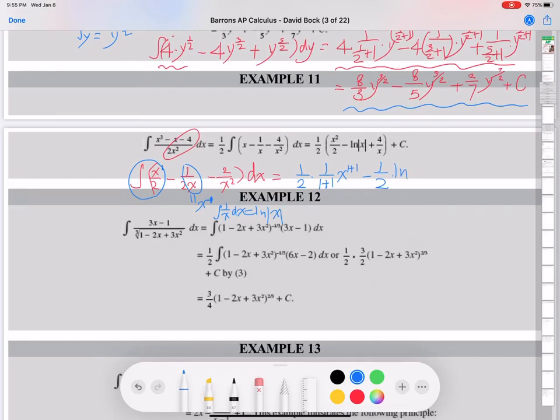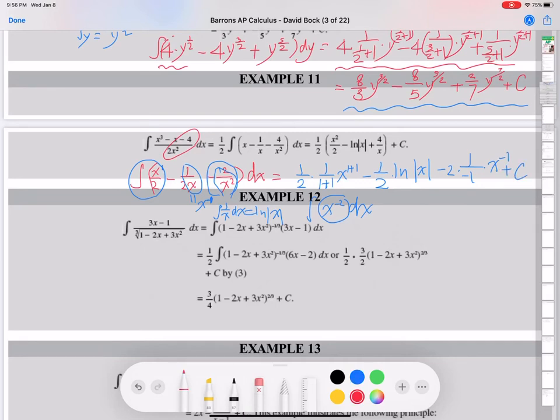So ln absolute value of x, and then for this part, negative 2 is the coefficient, and then 1 over x squared is x to the negative second power, right? The integral is 1 over n plus 1, negative 2 plus 1, which is negative 1, times x to the n plus 1, negative 2 plus 1, negative 1, plus c.